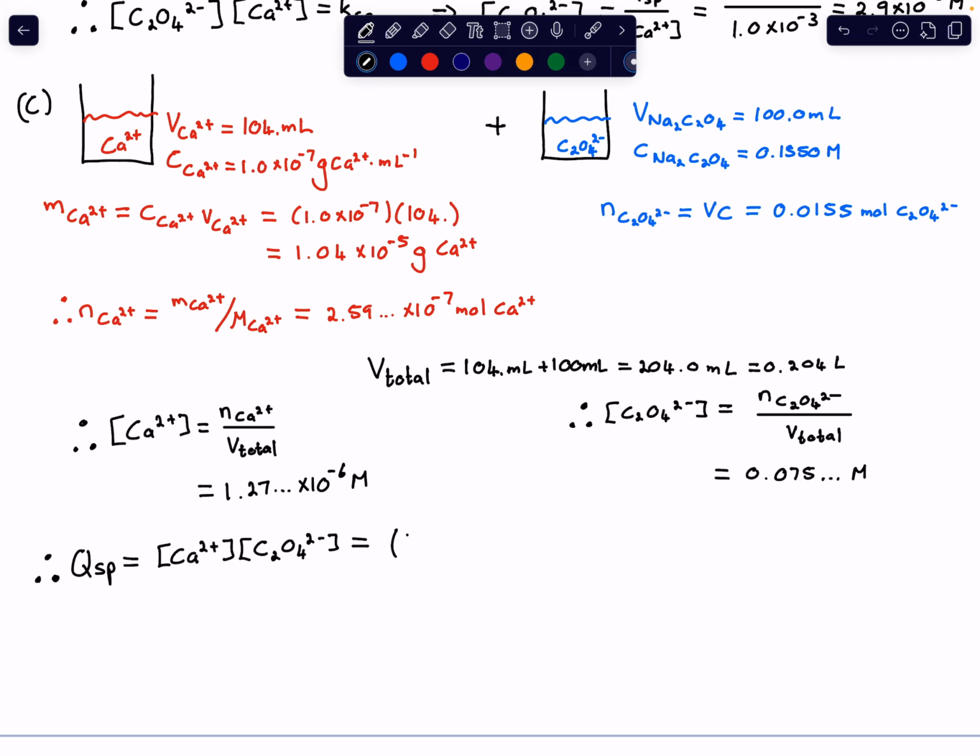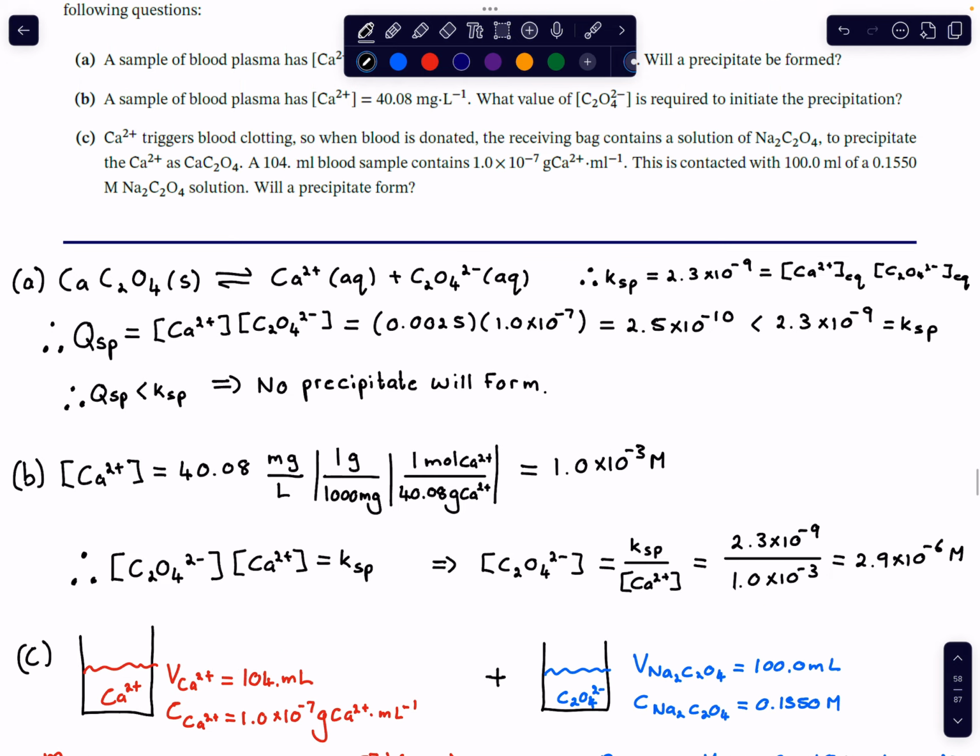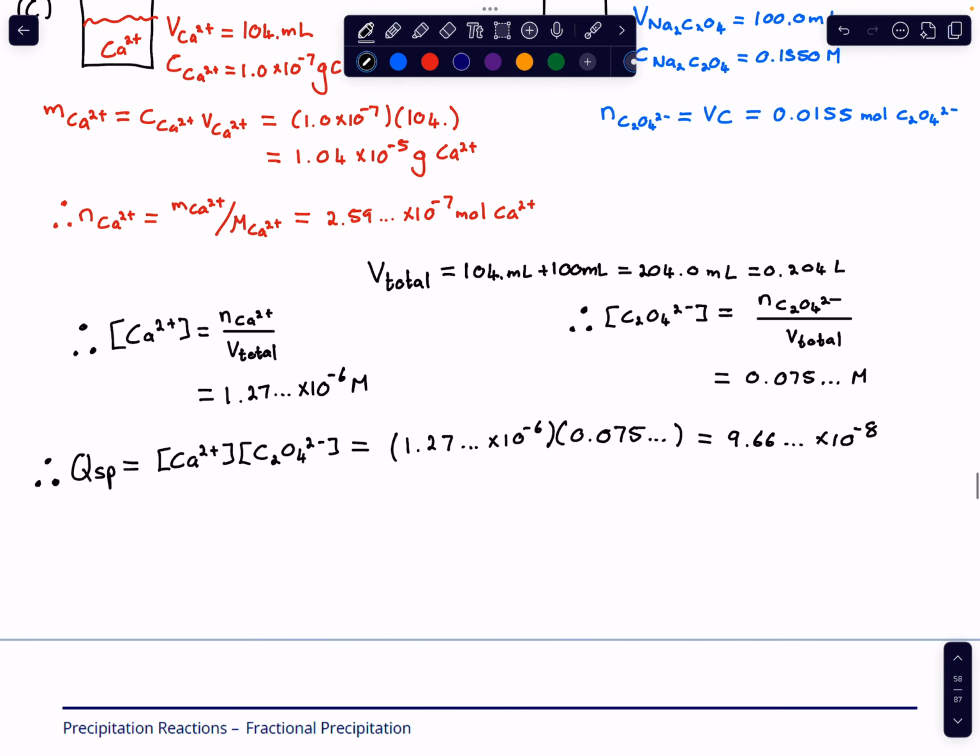So we put in those values, 1.27 times 10 to the negative 6 and 0.075. Alright, this gives me a value of 9.66 and so forth times 10 to the negative 8. And if we compare that to our KSP, which is 2.3 times 10 to the negative 9, this is bigger than 2.3 times 10 to the negative 9.